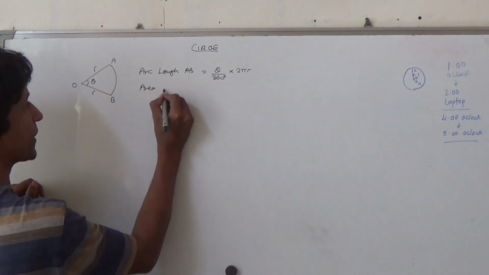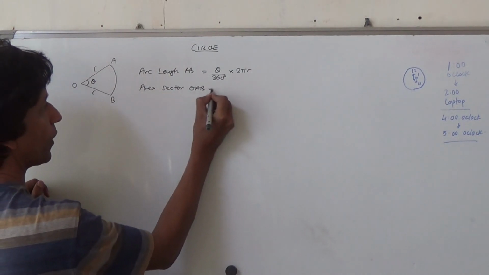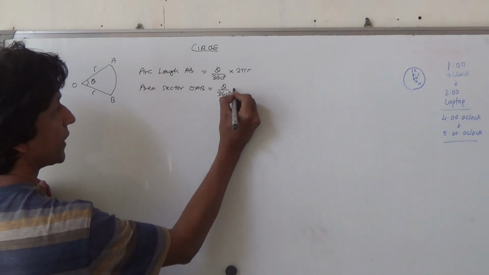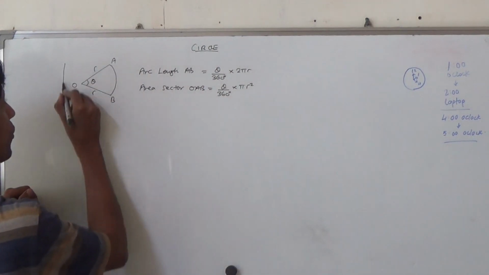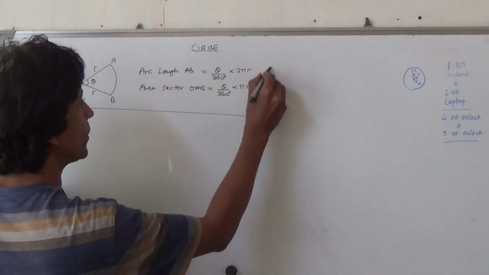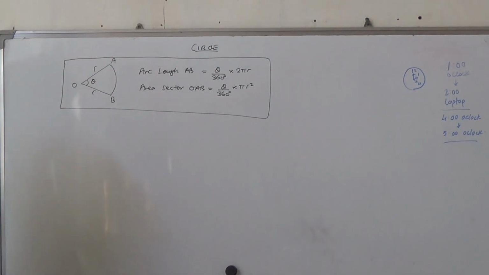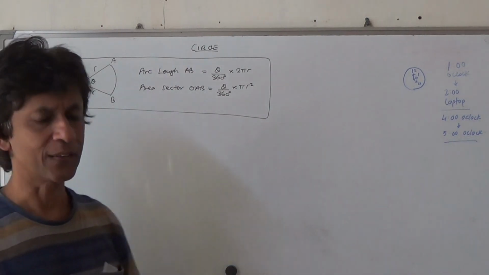And for the area of the sector OAB, we are going to take theta over 360 degrees times pi r squared. So this is a very important formula that we use throughout circle to be able to find arc lengths as well as area of sectors.